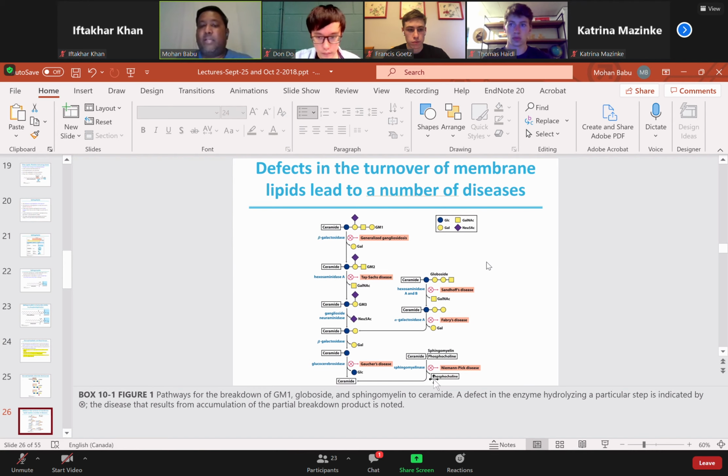If you have a mutation in the sphingomyelinase, that can lead to Niemann-Pick disease. A lot of people in the Atlantic provinces are still suffering with this. And Fabry disease, at some point people in Saskatchewan were also suffering with it. It's basically a mutation in the galactosidase.